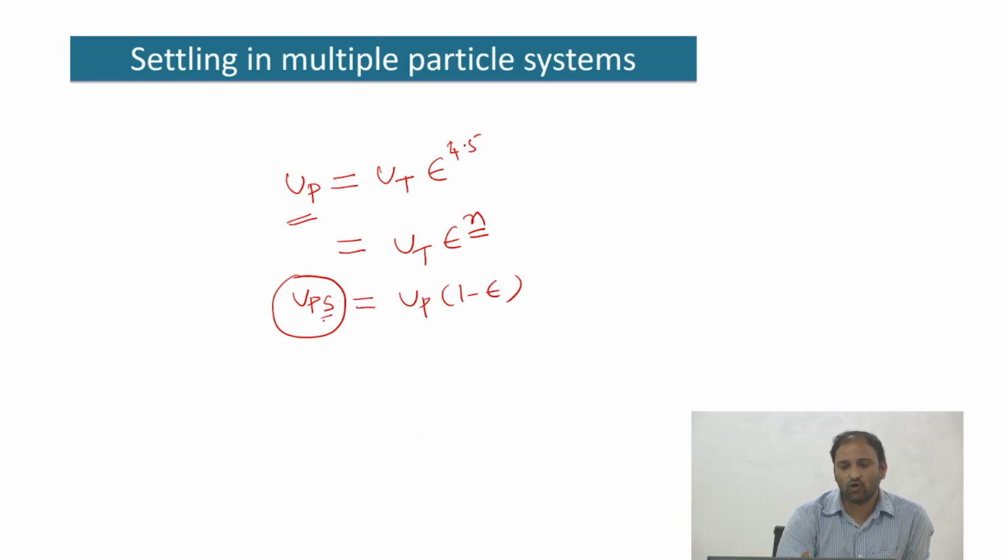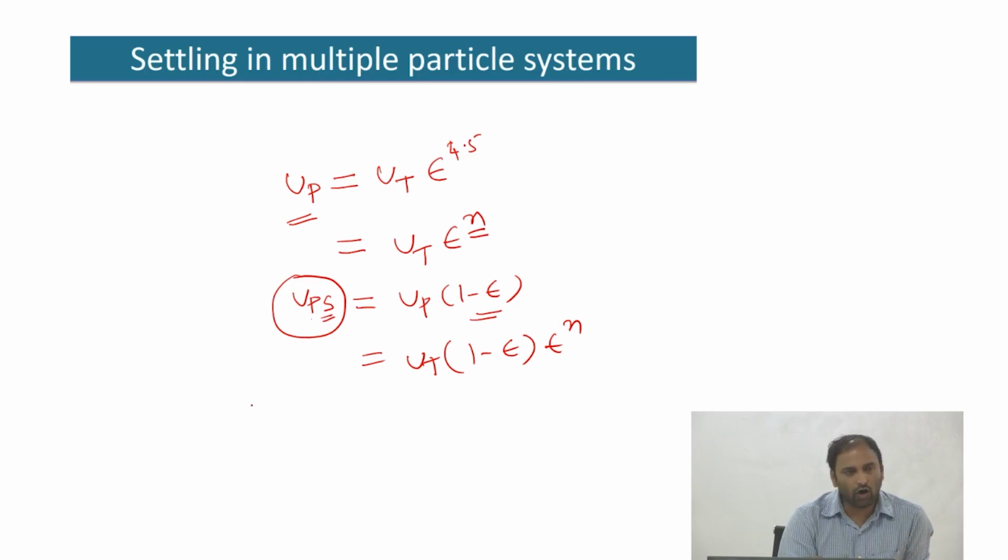I'm basically going back to the superficial concept. So if you want to get the superficial settling velocity, UPS should go as UP into 1 minus epsilon. Therefore I can write this as UT into 1 minus epsilon times epsilon to the power of n.